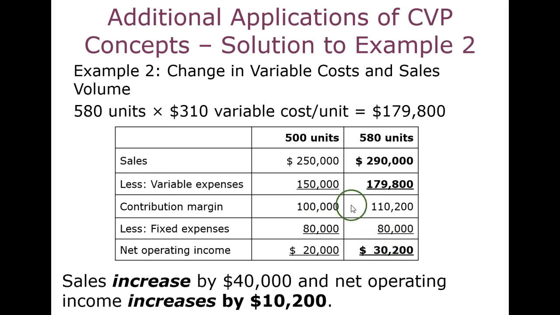So you can see contribution margin went up $10,200. The bottom line went up $10,200 as well, because your fixed expenses did not change. So it would be wise to make this decision. Spend more on better materials. It does increase the variable cost, but it does bump up the contribution margin, and there was no increase in fixed expenses. So it does help our bottom line.